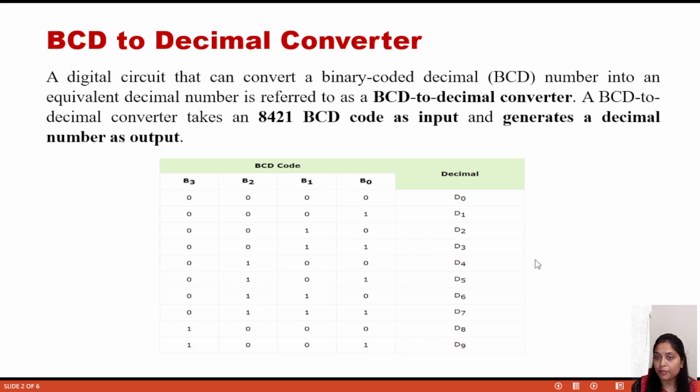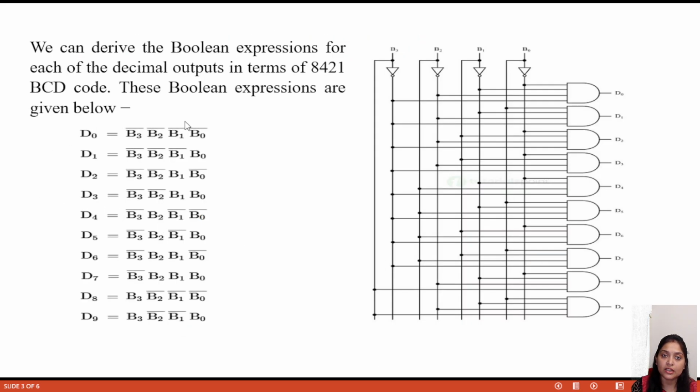These are the logical expressions of these decimal numbers. Here is the circuit diagram. B3, B2, B1, B0 are the inputs and D0 to D9 are the outputs, and based on these combinations this circuit diagram is already drawn.